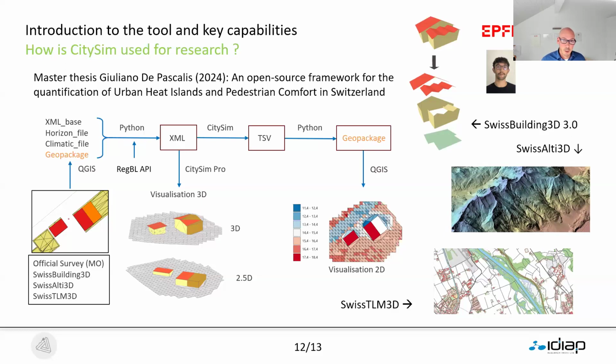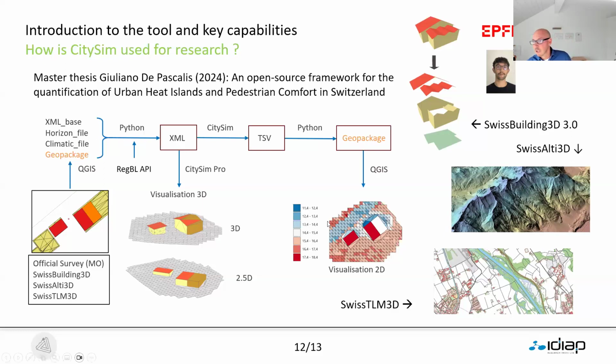So he has a QGIS model file saved as a geo package. He uses a Python script to go to the register of buildings and lodgings. Using an API, he's querying data, and then he is building the XML file for CitySim, running CitySim, and loading the output files with a Python script to put them back in the geo package, and we can visualize all the results nicely and swiftly in QGIS with different colors.